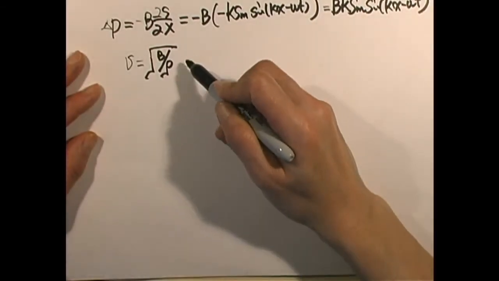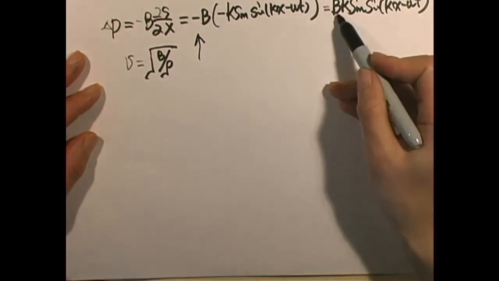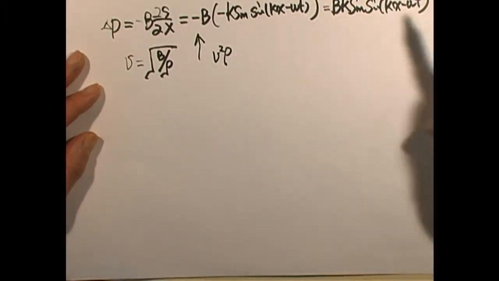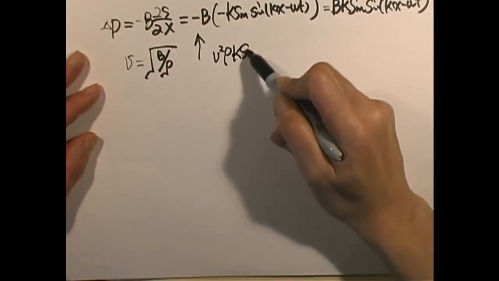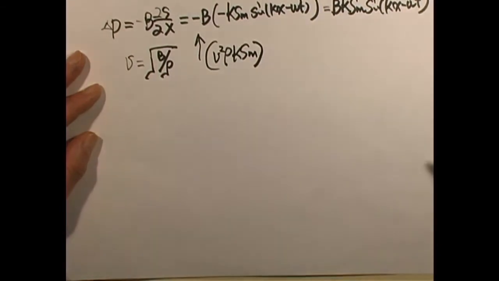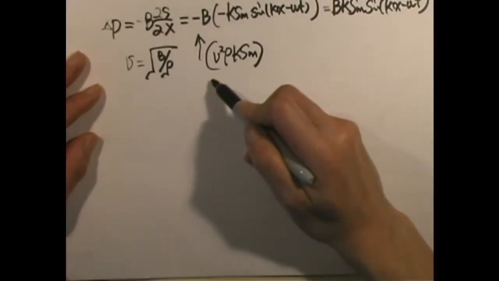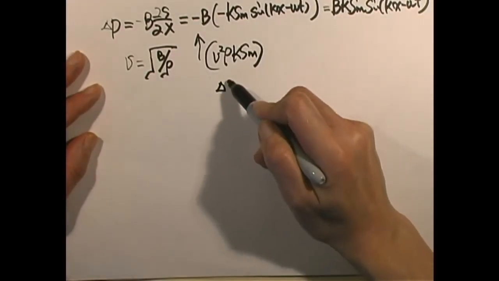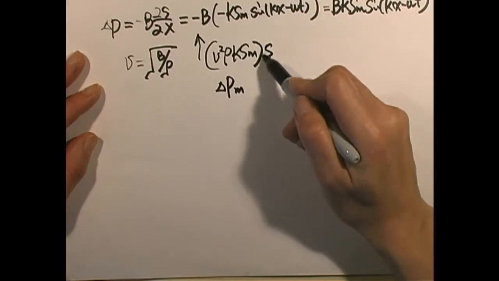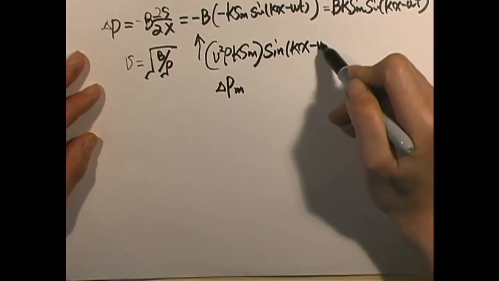Therefore, we continue this equation. We plug in this B as V squared times the density of the fluid, and we have k s_m. If we define all this as the maximum pressure amplitude, delta P_m, the rest of it is a sine wave, a traveling wave, sine of kx minus omega t.